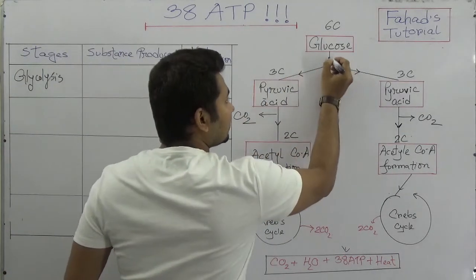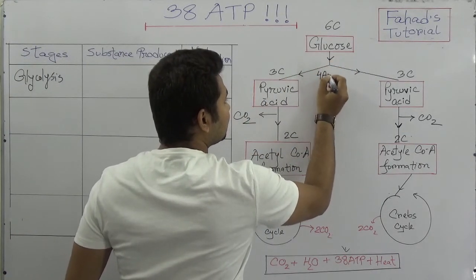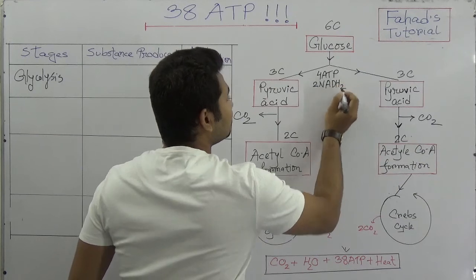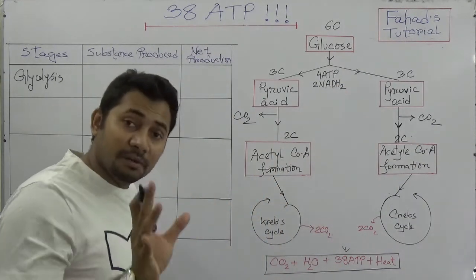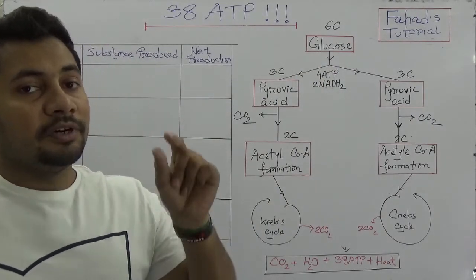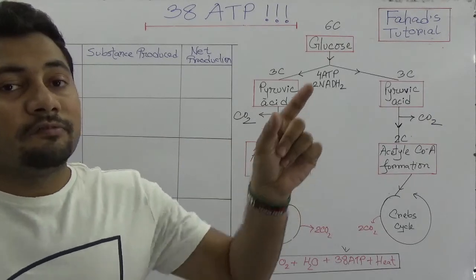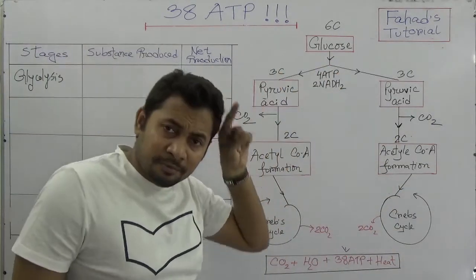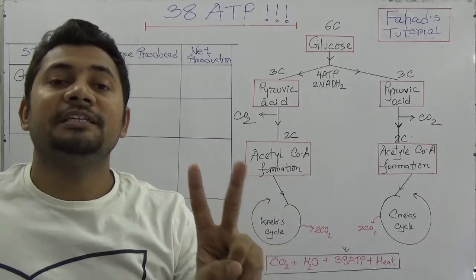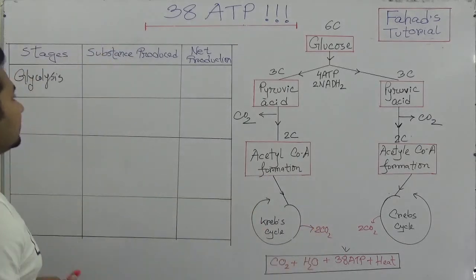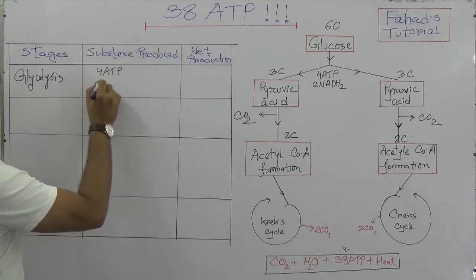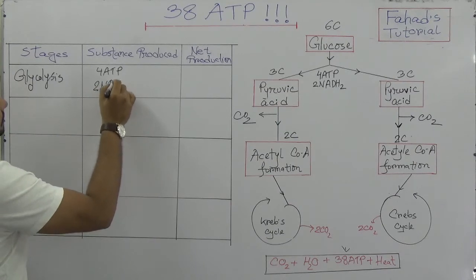You know that in glycolysis, 4 ATP and 2 NADH2 are produced, right? And 2 ATP will be lost. So altogether the substances produced are 4 ATP and 2 NADH2.